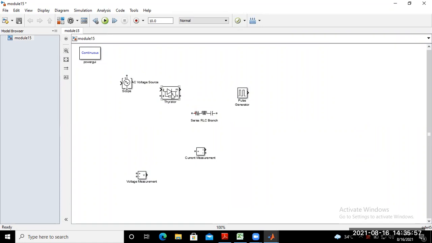Here the source we place here and a scope is placed over here.